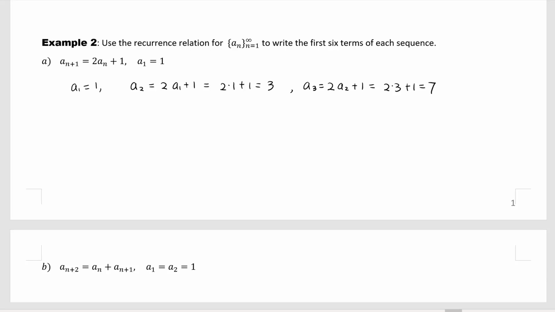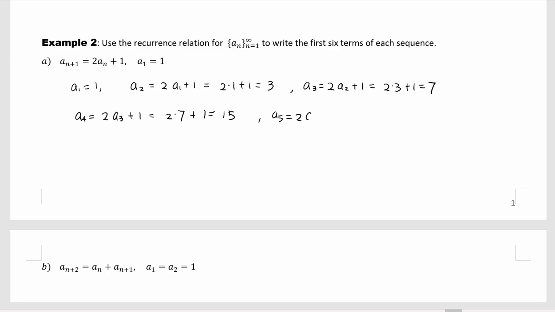Okay, and then next, what is A4? Well, A4 is 2 times the previous term plus 1. So that is 2 times 7 plus 1, which is 15, right? And we can continue because we want to find 6 terms.